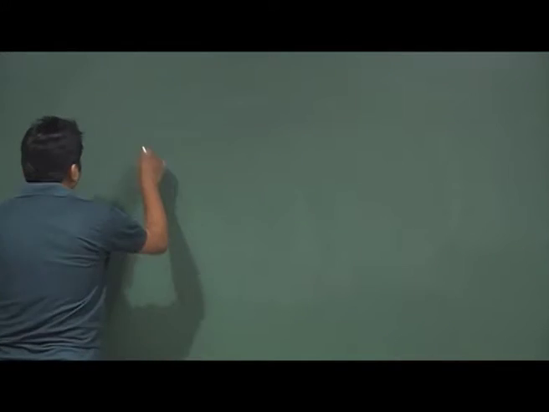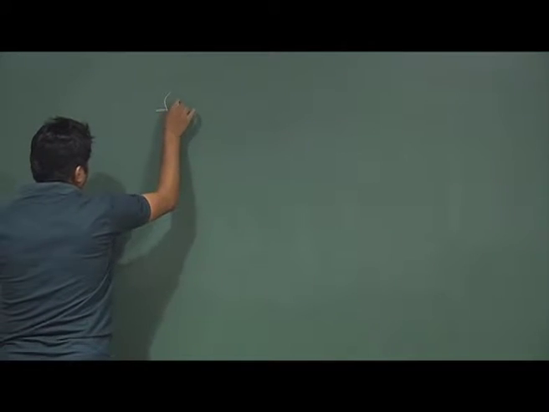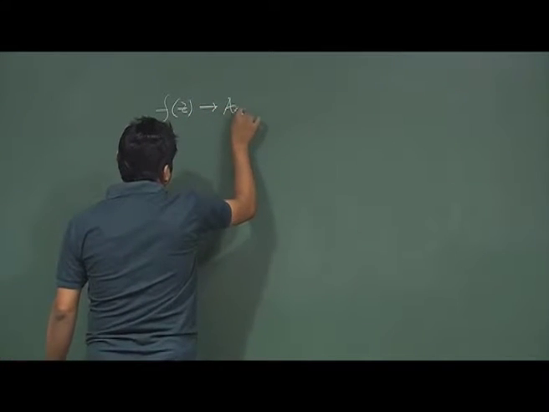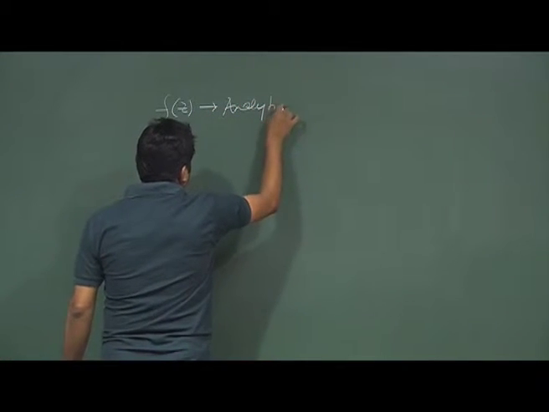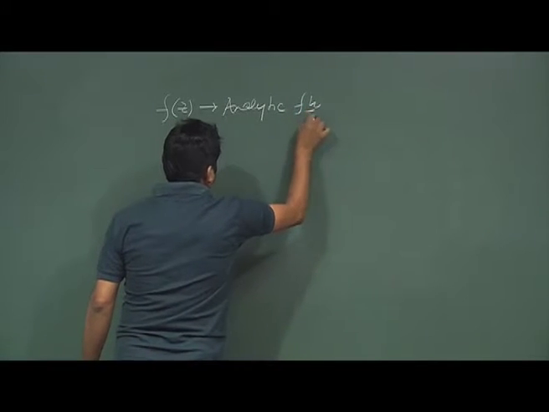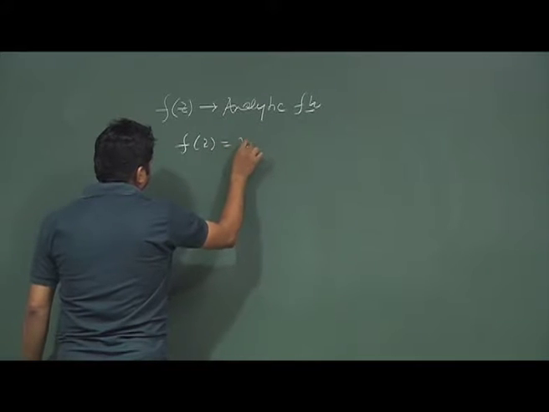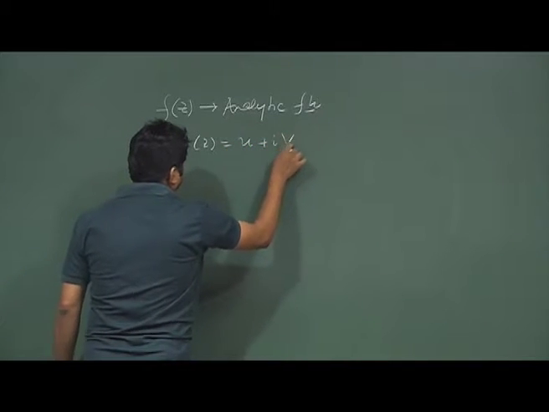So, in the previous few classes we understood interesting aspects of the analytic function. So, f(z) is an analytic function and f(z) is u plus iv.